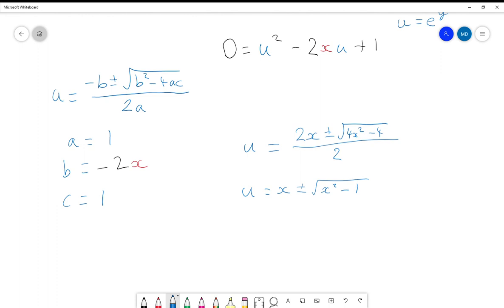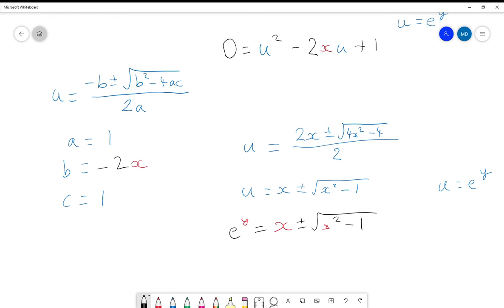Okay, so what does that mean for our actual solution? Well, we now need to remember that we said u was equal to e to the y. So I'm going to plug that back in, and we get e to the y is equal to x plus or minus the square root of x squared minus 1.